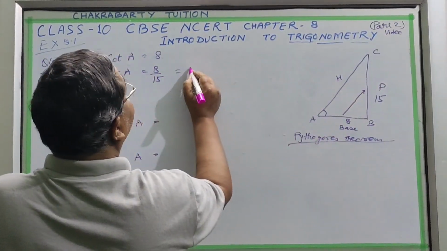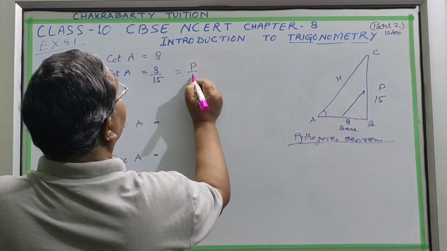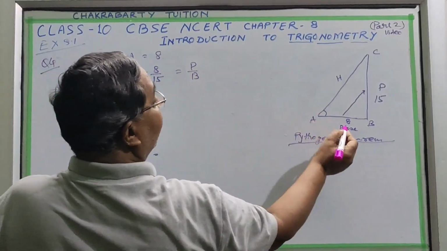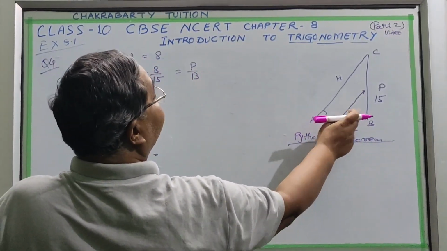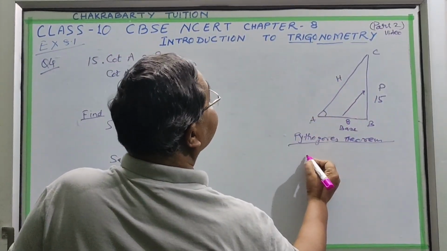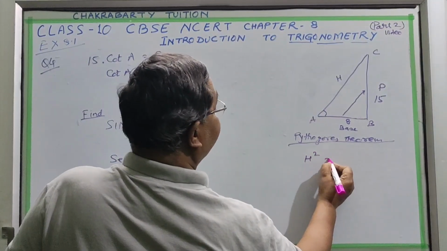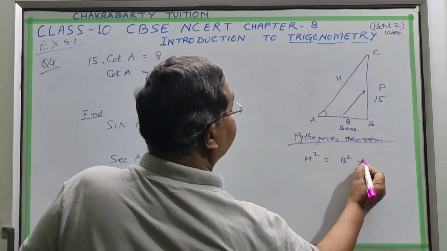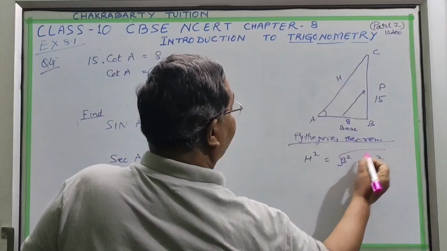So the cot A formula is B upon P. Base will be 8 and perpendicular will be 15. So AC, the hypotenuse squared, is equal to base squared plus perpendicular squared.